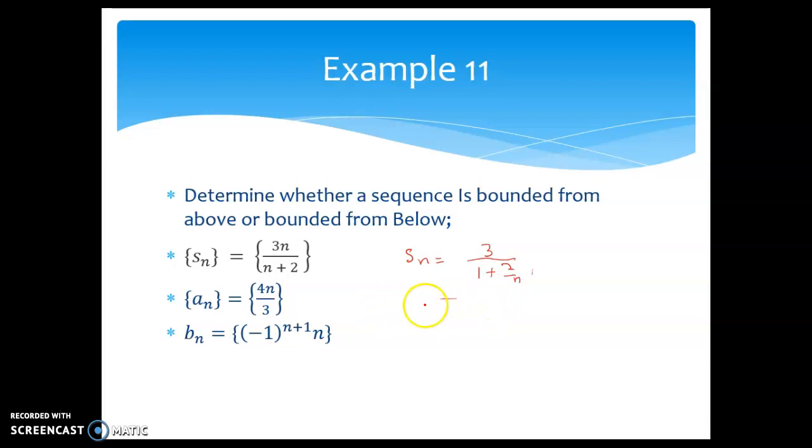It has to be greater than 1 all the time. But it diverges. So it is bounded below. This is bounded from above and from below. But this sequence here is not bounded at all.